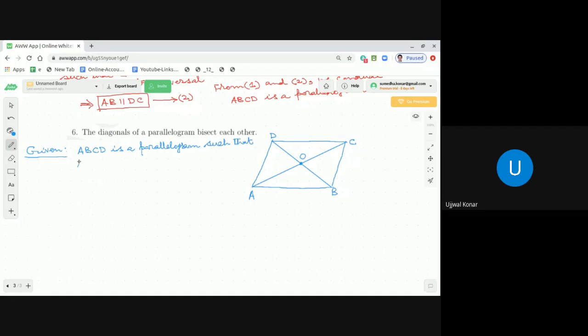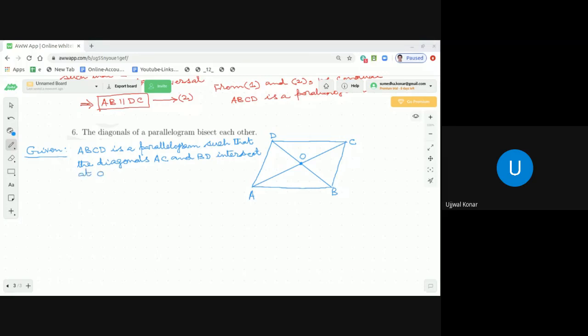such that the diagonals AC and BD intersect at O. Fine.